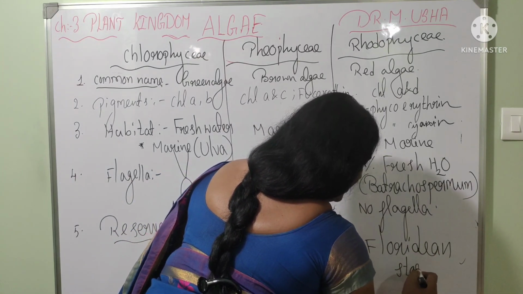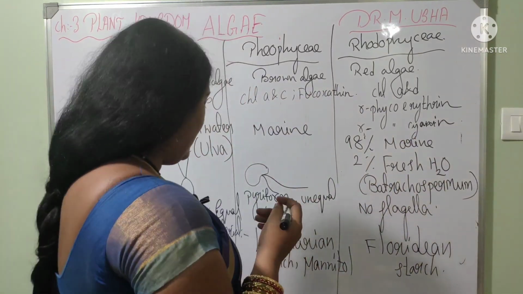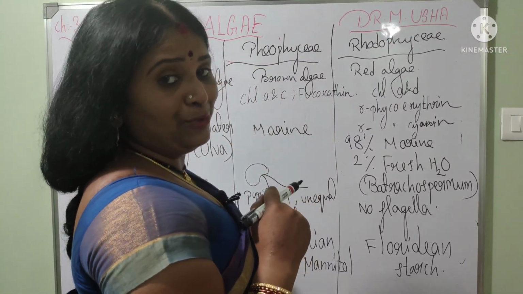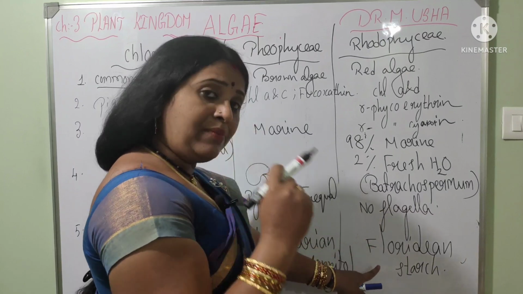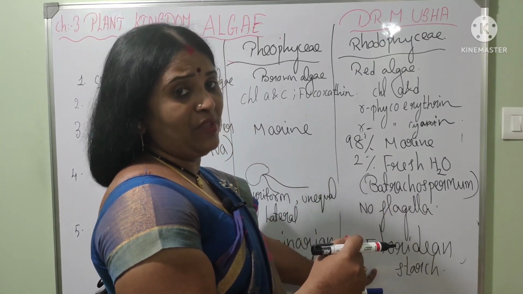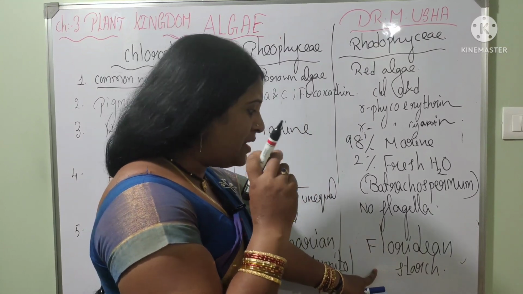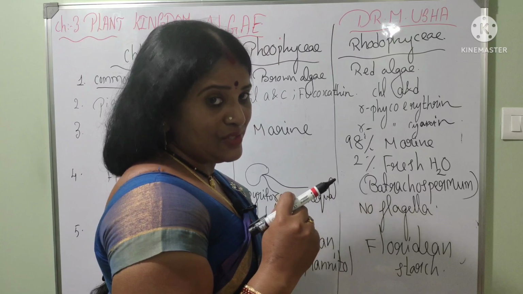When we test with iodine, in green algae the starch color turns blue. When Floridean starch is tested with iodine, it gives a reddish brick color, indicating it is Floridean starch.